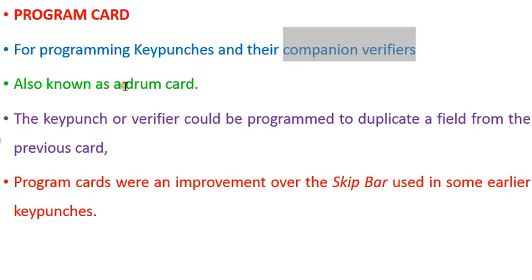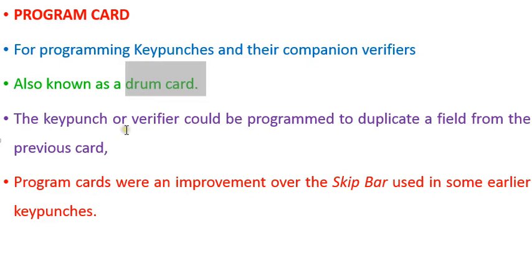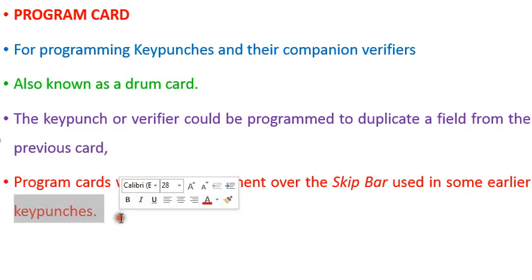This program card is also known as a drum card. The key punch, as we mentioned earlier, or the card verifier, could now be programmed using this program card so that they can duplicate the previously programmed cards. And it is, as I said, an improvement on the previous versions of the key punch machines.